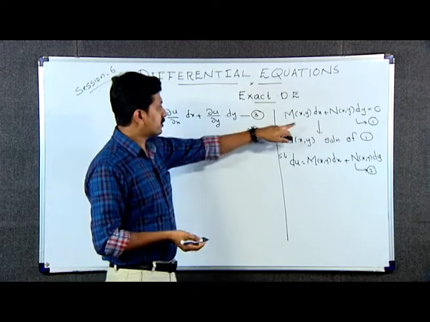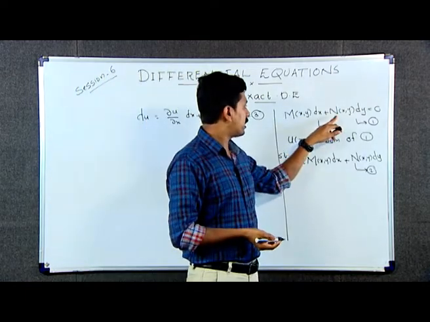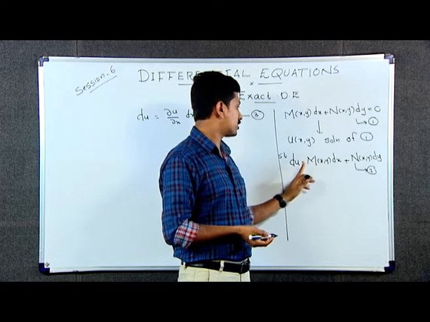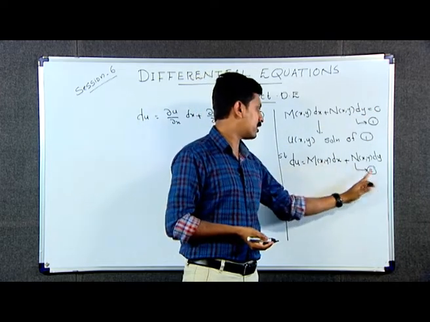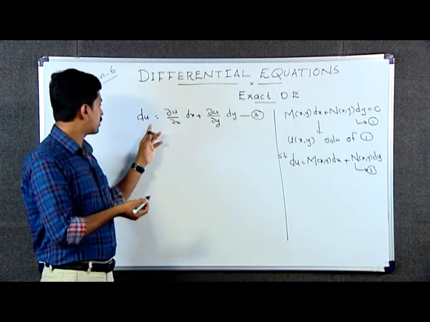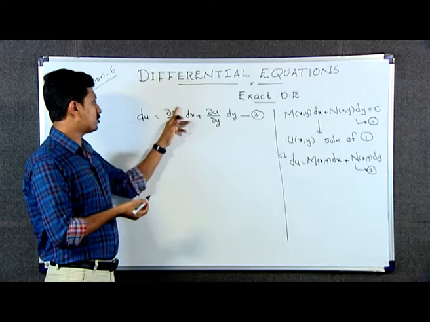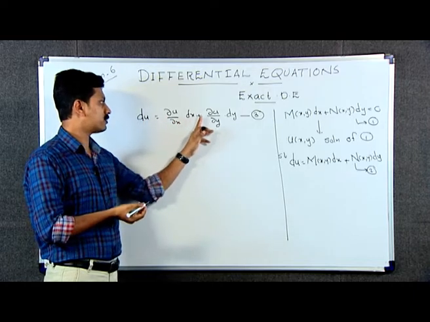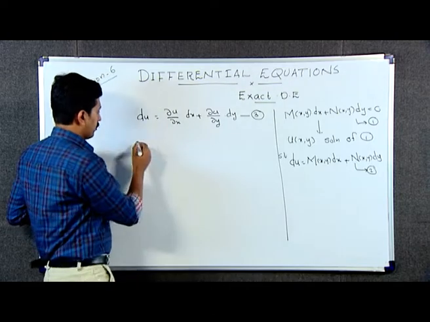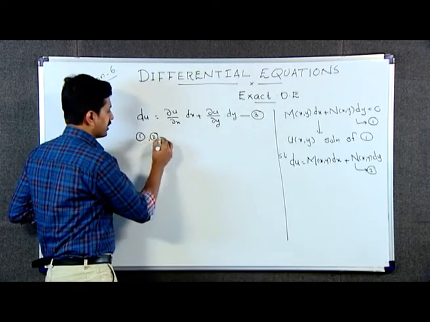See, the first equation is M dx plus N dy equal to 0, the second equation is du is equal to M dx plus N dy equal to 0. The third equation, by the total derivative, is du is equal to dou u by dou x dx plus dou u by dou y dy equal to 0. Compare 1, 2 and 3.